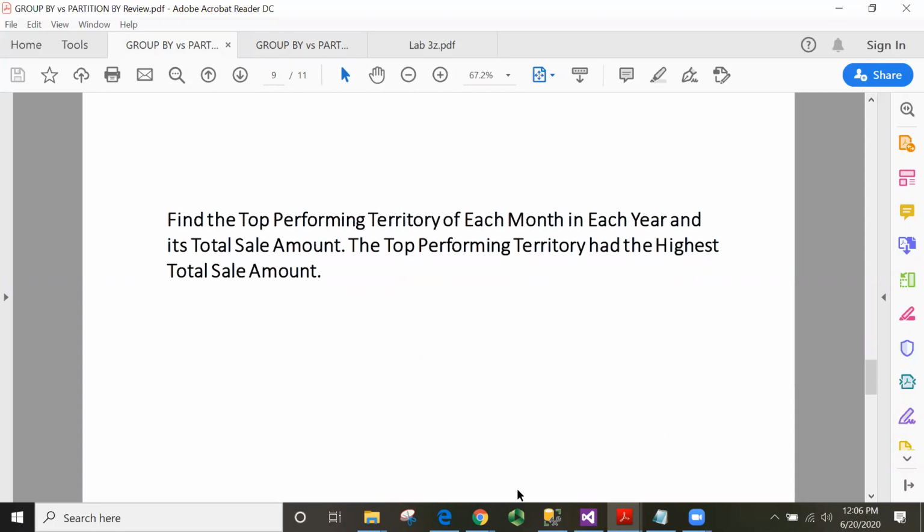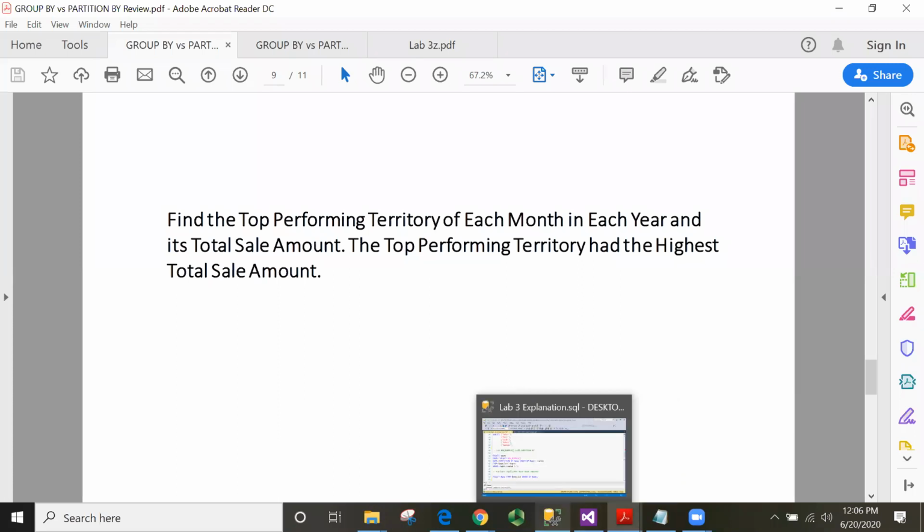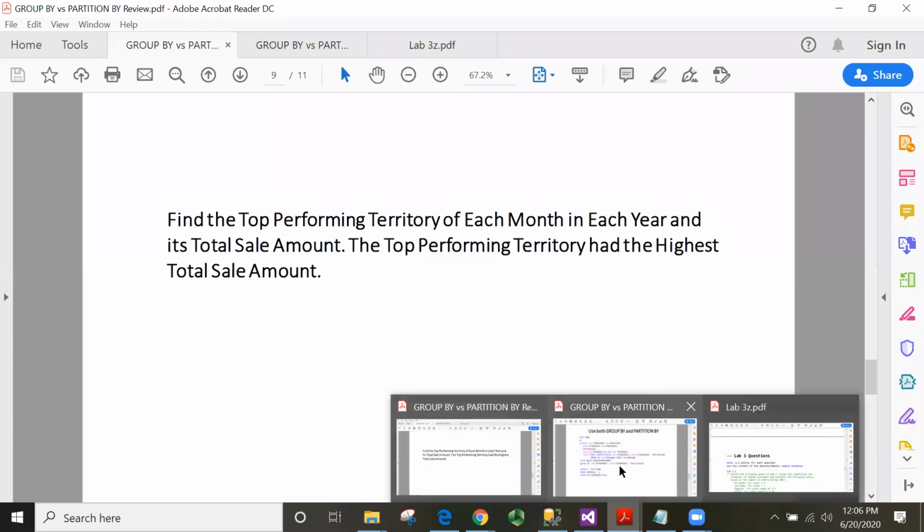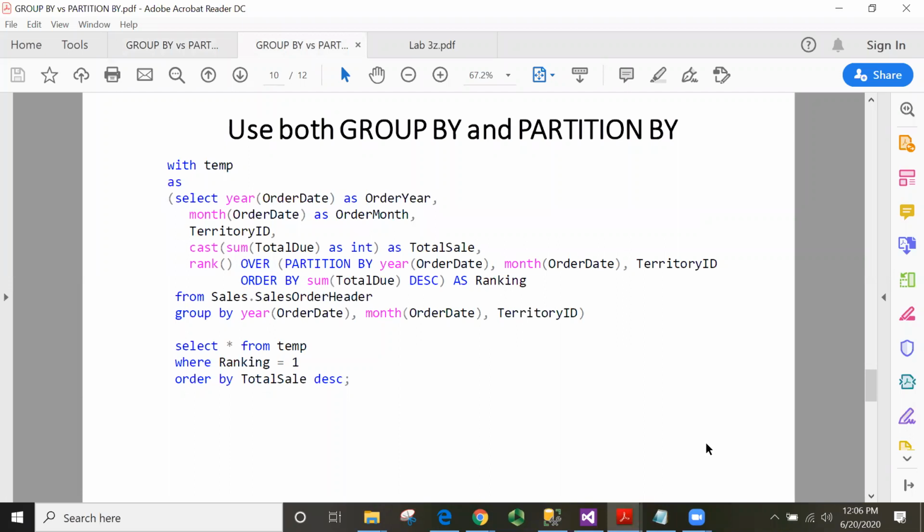And we also want the total sale amount. The top performing territory had the highest total sale amount. Okay, now go back to our solution. Good input from Simon. Can we group by first and then rank partition by? That wouldn't make much difference. A good thinking, thank you.